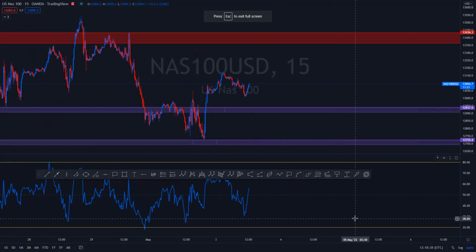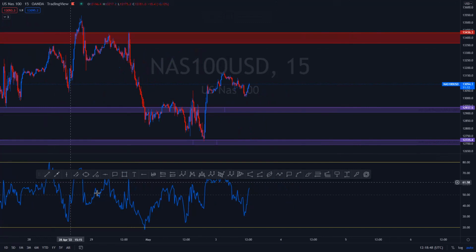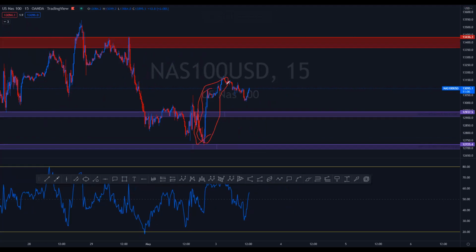So now that we have completed step one, the very next step is to actually identify the trend on the 15-minute. Now, when we look at price here, we can see that there was a huge imbalance move to the upside here. Then there was a little bit of a pullback. And then it looks like price is pushing up a little bit here. So, I mean, there's a little bit of a downtrend and a pullback here.